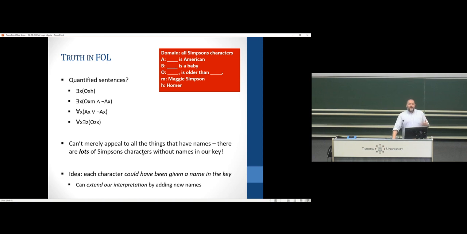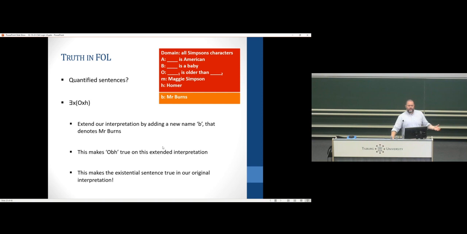So we don't have a name for every character, but importantly, we could have. We could, for any given character, extend our interpretation and add a name for them. And this is the idea we're going to use to help us figure out how to interpret quantifiers, by extending our interpretation in various ways.